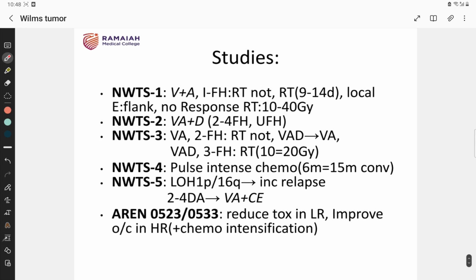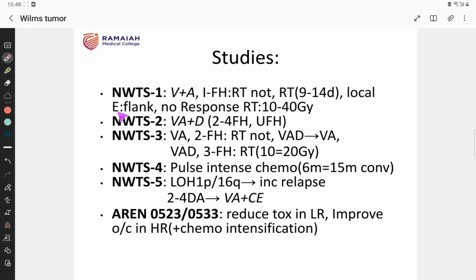The studies which are important here are the chemo studies; NWTS is basically the COG group itself. NWTS had 5 studies. The first study showed that adding vincristine and actinomycin had better results. So for stage 1 favorable histology there is no need of RT, and they also said if RT is given, it has to be given within 9 to 14 days.